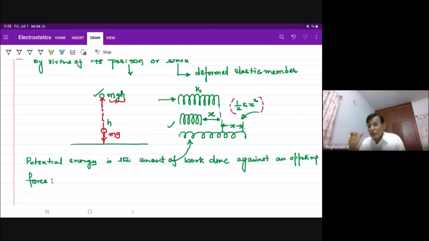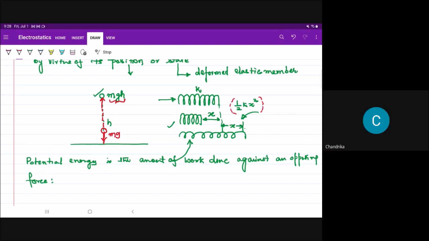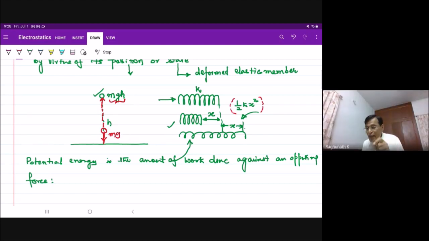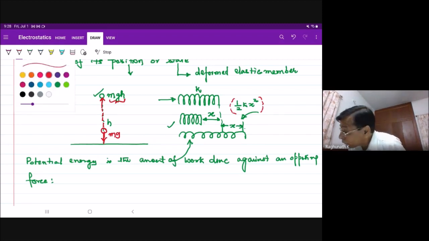Correct? The force developed inside the elastic member to oppose the agent which is deforming it is a restoring force. When a spring is deformed by x, elongated or compressed, when it is compressed, there will be a restoring force developed in this particular direction by kx.